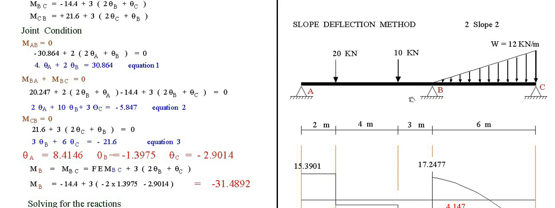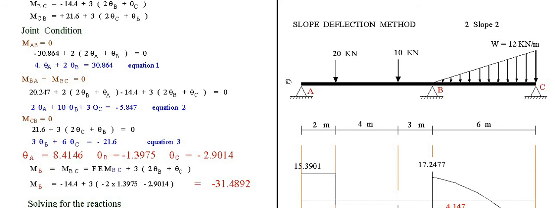Theta C is also negative and inclined to the right, opposite of that of the analytic geometry. Now theta A is greater in magnitude, theta B is the smallest in magnitude, and theta C is the bigger in magnitude.